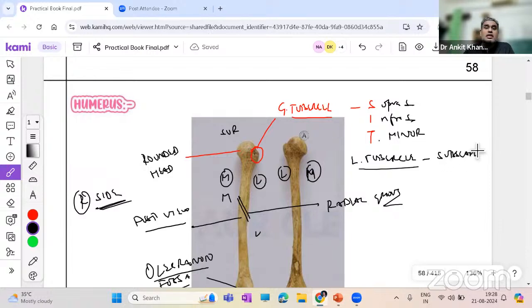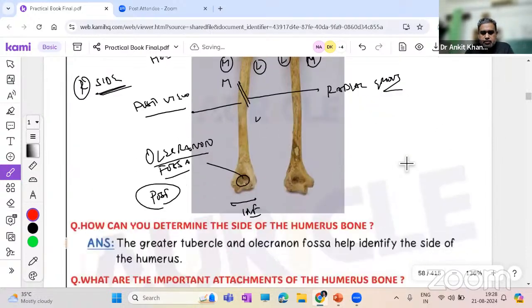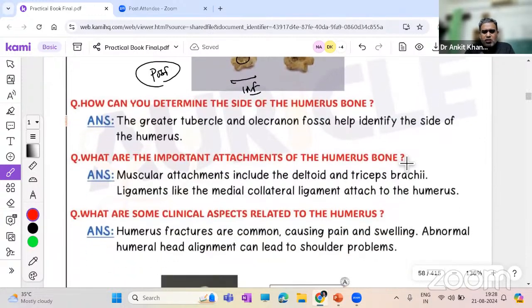The teres major is attached on the bicipital groove, medial aspect. The lesser tubercle will have the subscapularis attachment. And these four muscles, I am sure most of you must know, are the rotator cuff muscles. That is a different topic, the musculotendinous cuff. Important attachments, a lot of attachments are over here.